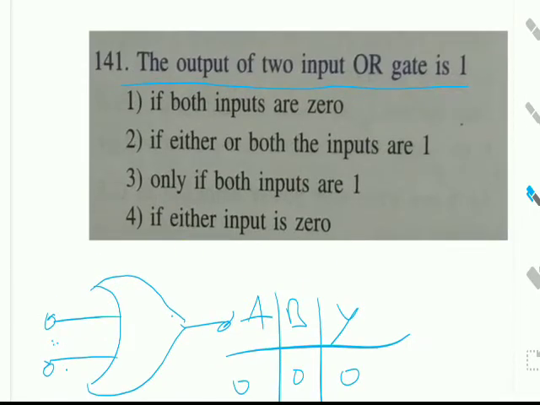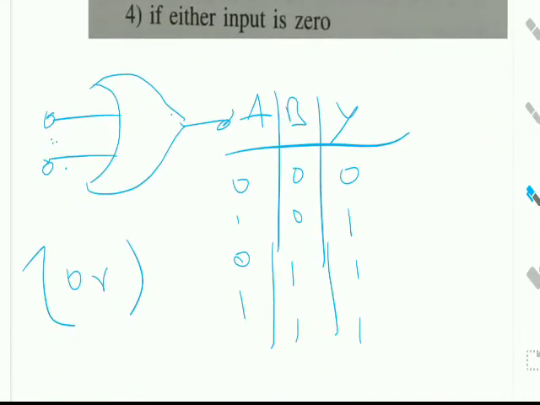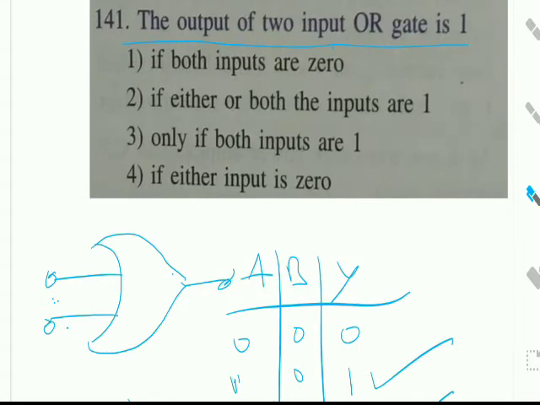So here the output of a two-input OR gate is 1. Look here: 0 0 gives 0, 0 1 gives 1, 1 0 gives 1, and 1 1 also gives 1. So among the options: if both inputs are 0, wrong.